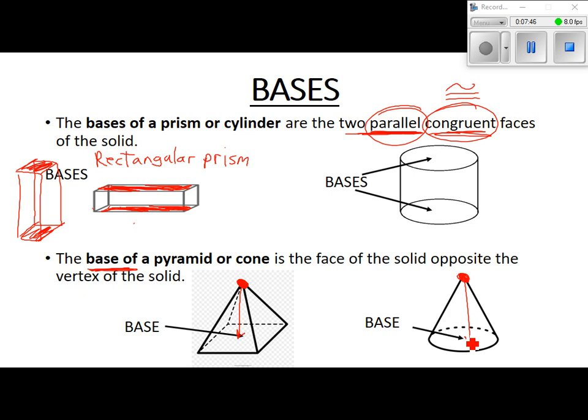So if you had a cone that looked like this, this is your vertex of that cone, and then the circle part down here, or the circle part over here, is the base. So the base of a pyramid or a cone is always the one that's directly across from that one vertex.